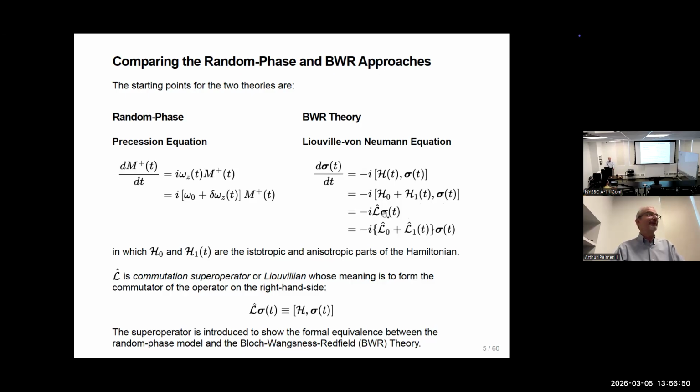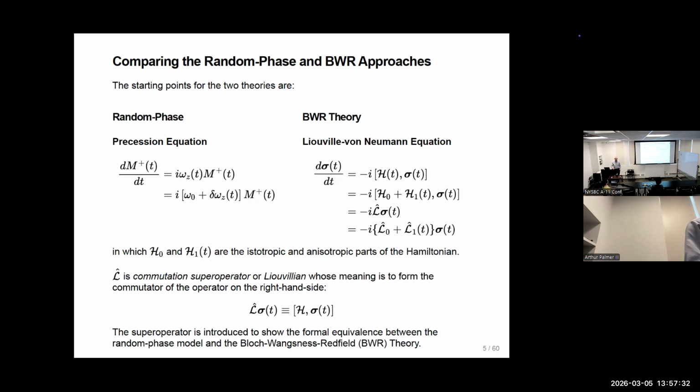So I invent a new symbol that's called the Liouvillean superoperator. And script L hat means take the commutator of everything that's on the right-hand side with respect to the Hamiltonian. And then I can write that as the sum of the Liouvillean superoperator for H naught and the Liouvillean superoperator for the fluctuations. And now you can see this last line looks exactly like this line as far as symbols go, except for a negative sign.